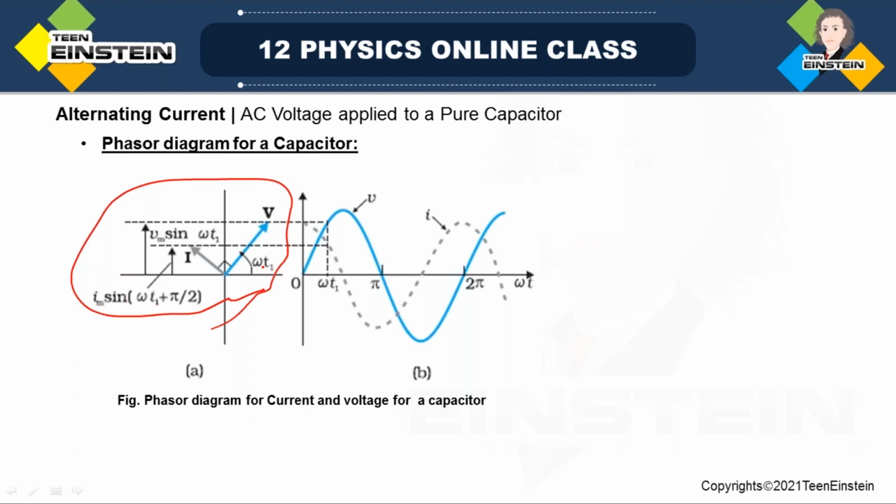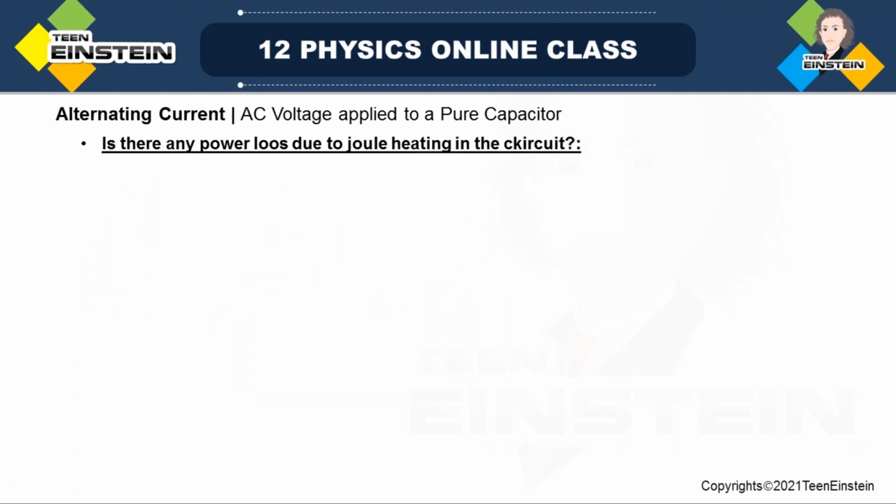All right. So now we will go to the important part. In case of inductor, we have seen that inductor does not draw any power, that means there is no joule heating loss.